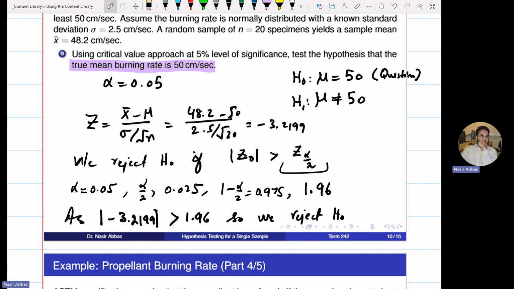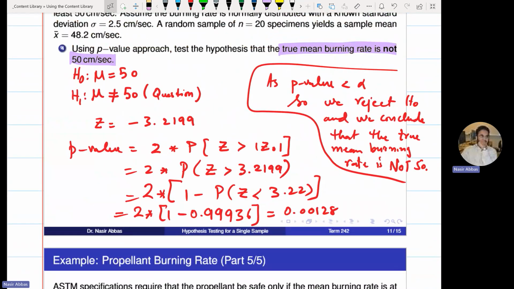If it is not more, we fail to reject. We tested the same hypothesis using the p-value approach. We have a p-value expression. We find the p-value from that expression. If the p-value is too small, we reject H naught. If it is not too small, we fail to reject H naught. And the cutoff for small is what? Alpha is the cutoff for saying if it is small or not.